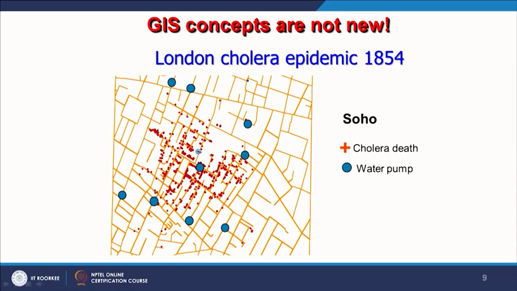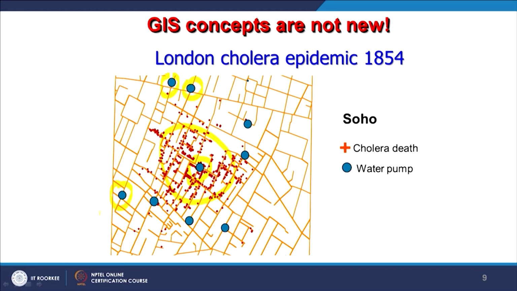So three layers are together here. One is the street map in the background, then cholera affected people are shown through their spatial locations, and water pump or tube well locations are also shown. When you see the center here, you find that around this center a lot of cholera affected people are there. But around these other wells, though people are living in those parts and using the water from those pumps, they are not getting any cholera.